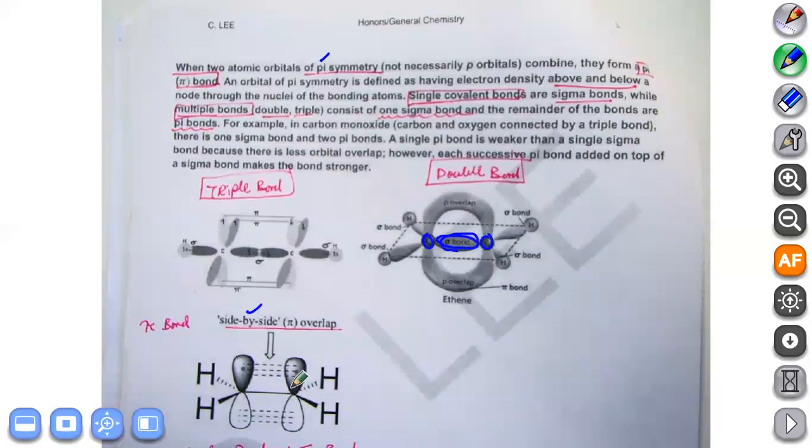When they overlap side by side, not head-on, the result is a bond that will look like this, p overlapping above and below. That is one bond. So when we say pi bond, it's the overlapping of the top and the bottom, and together collectively that would be one pi bond.